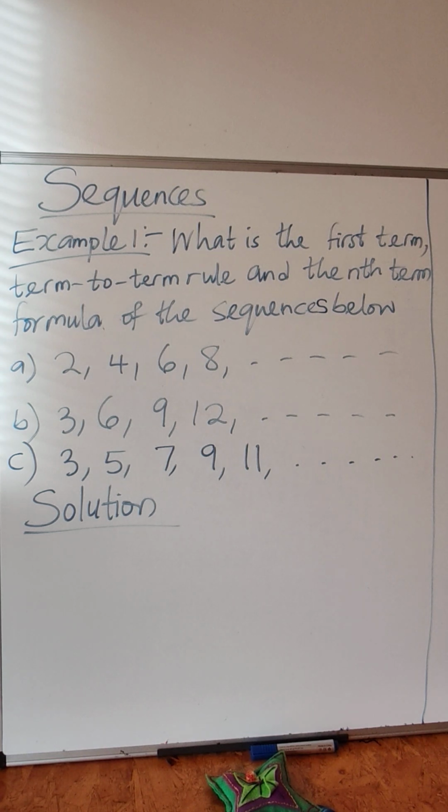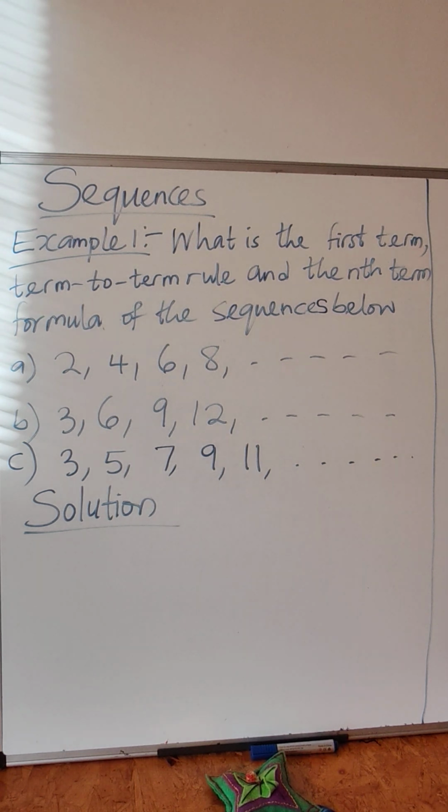The rule I spoke about the other time is just the term to term rule, the connection between the terms in the sequence. But the nth term of a sequence is the rule that connects the term of a sequence to its position in the sequence.